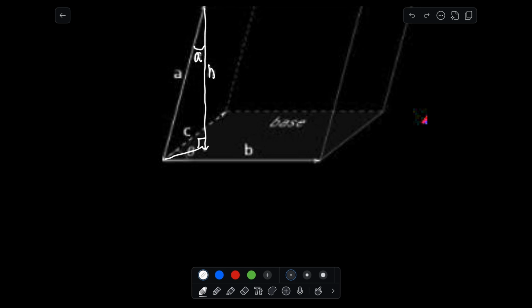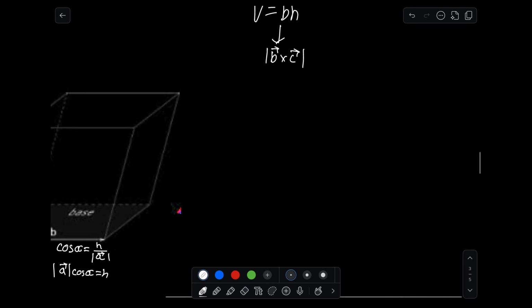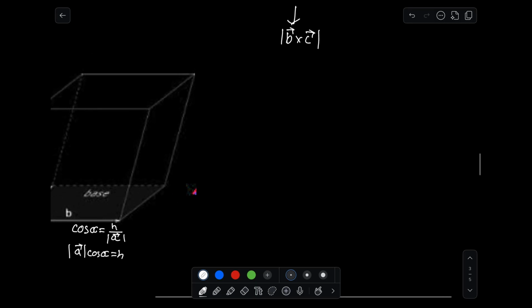So then we can say that the cosine of alpha equals adjacent over hypotenuse, right? So we can say that this is going to be the magnitude of A cosine of alpha equals H. And then we can just solve for our answer right here. You can plug it into here, times magnitude of A cosine of alpha.